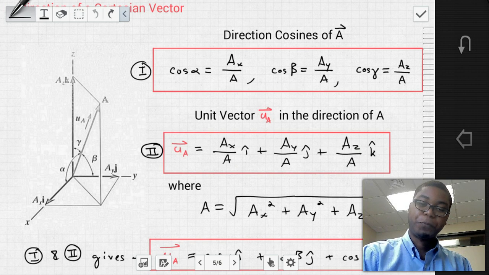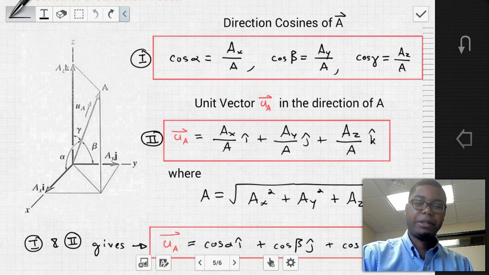Now, again, as we saw above, the magnitude A is going to be equal to the square root of Ax squared plus Ay squared plus Az squared. So we're using the Pythagorean theorem to get the total magnitude, and the ratio of the magnitudes describes the direction of the unit vector.